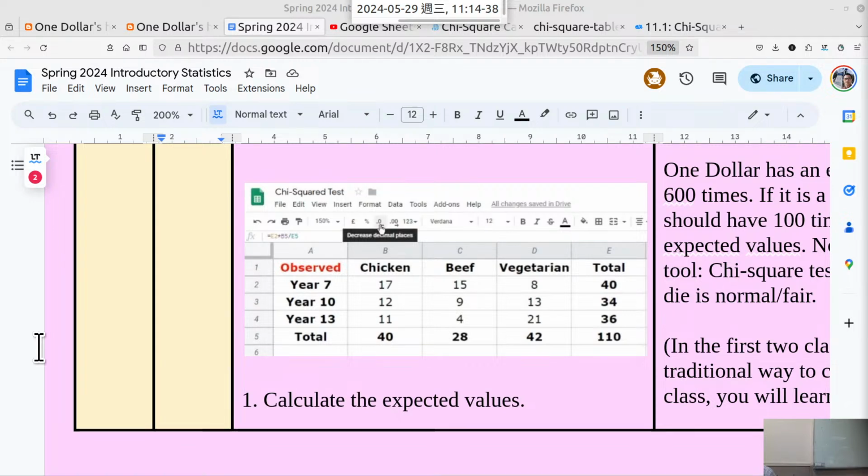You can go to my website and go to the syllabus, week 15, and the example is from here. Okay, and the video is about how to run the chi-square test. This kind of independence test is a little bit different.